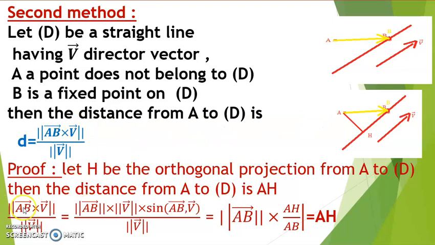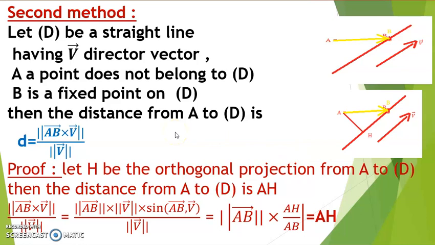We know that the norm of the vectorial product of AB and V is equal to the norm of AB times the norm of V times sine of the angle between AB and V, over the norm of V. By canceling the norm of V with the norm of V, since it's not equal to 0, and by replacing sine of ABV by opposite over hypotenuse, it's equal to AH over AB, and by canceling AB with AB we get AH.